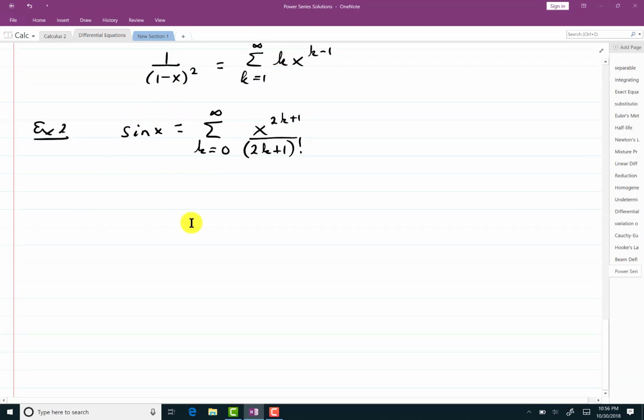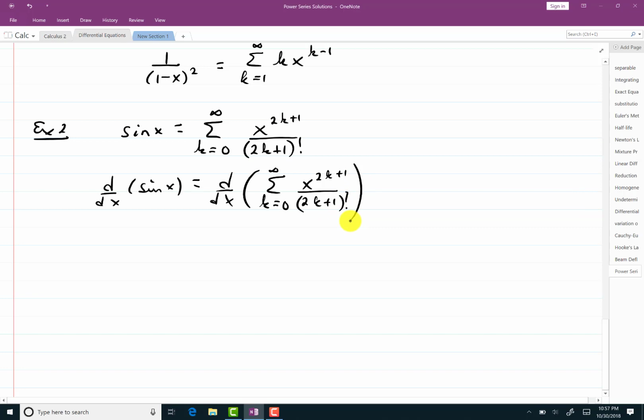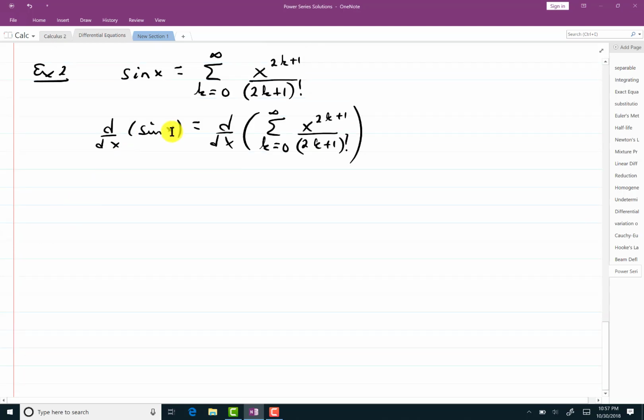Let's take the derivative of both sides. And now what I'm going to try to do is do term by term on the right. The left-hand side we know is cosine of x.